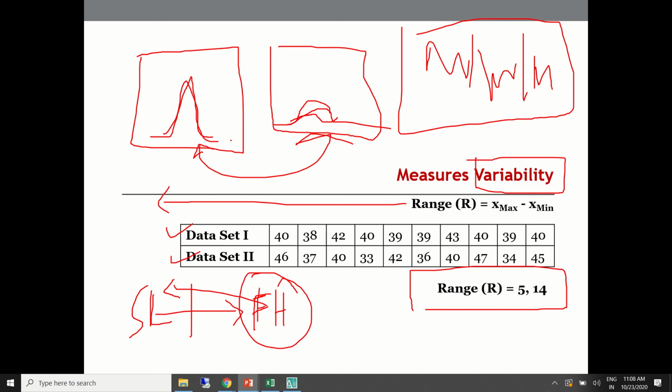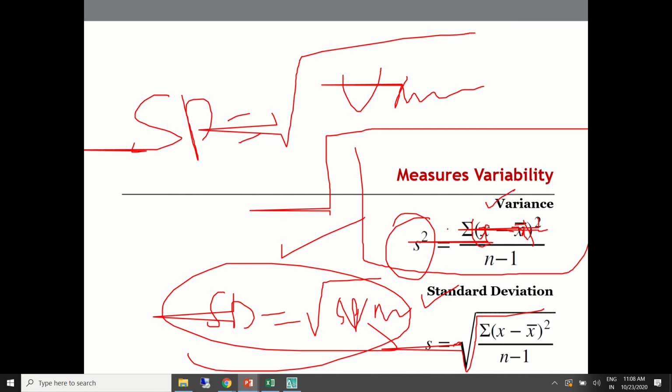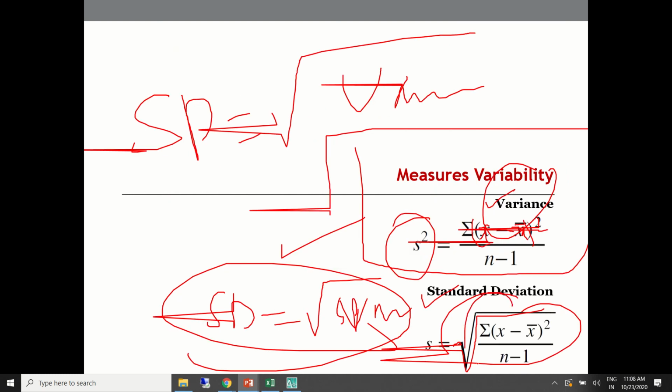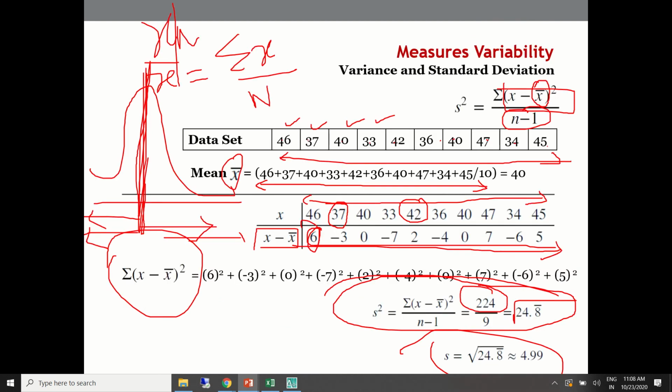One simple technique is taking the range, or we can use variance or standard deviation to know the variance between the highest and lowest value. This gives the relative variance within the data set.